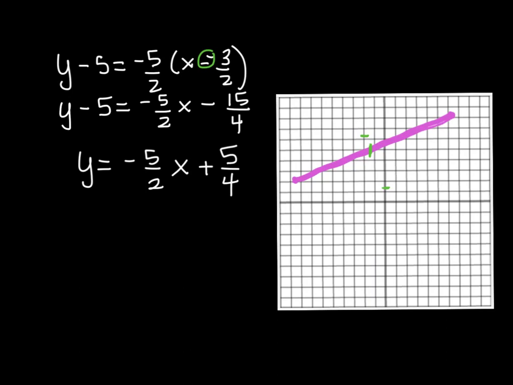And if I put my line, let's go down 5. 1, 2, 3, 4, 5, 1, 2. So about right there.